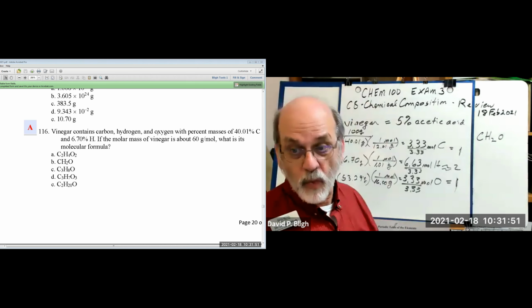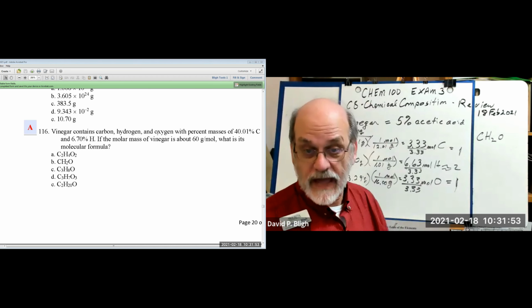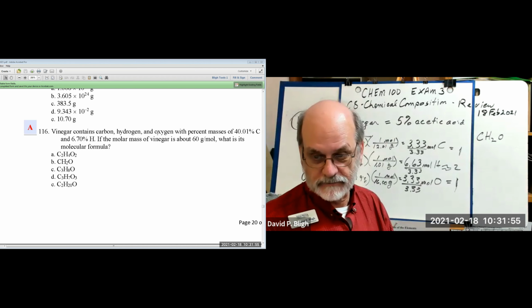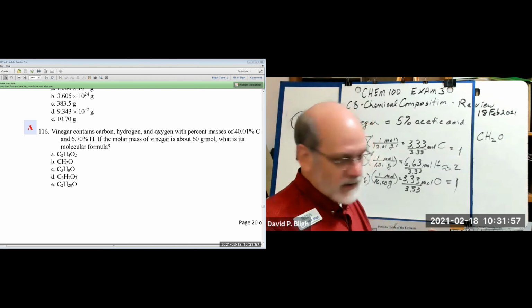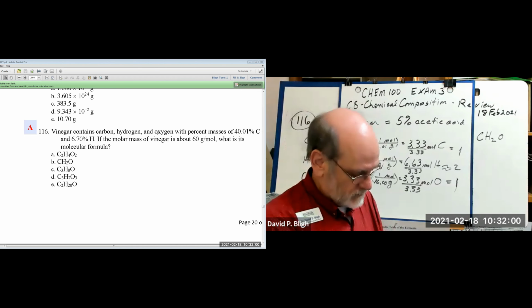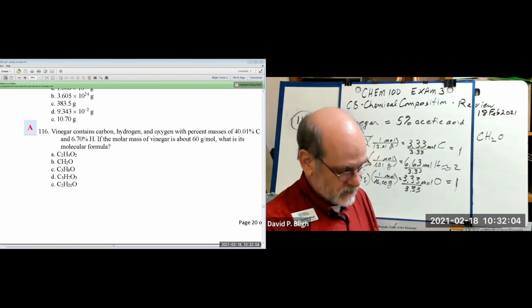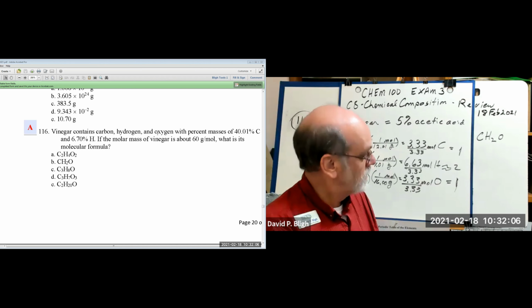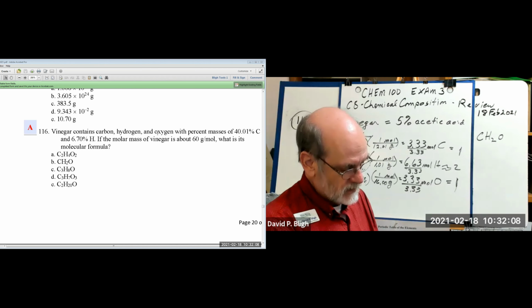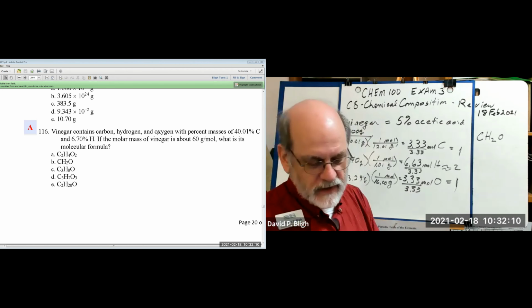So what's the empirical weight? Because we have the molar mass that's given to us. So we had 1 carbon, 12.01, 2 hydrogens, 2.02, and 1 oxygen. So that's 30.03.